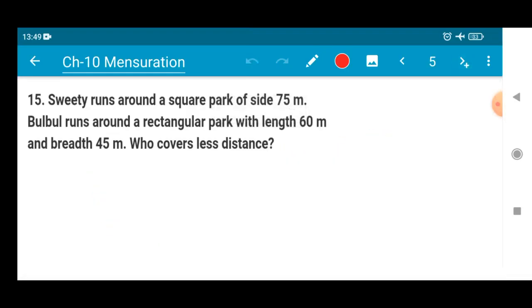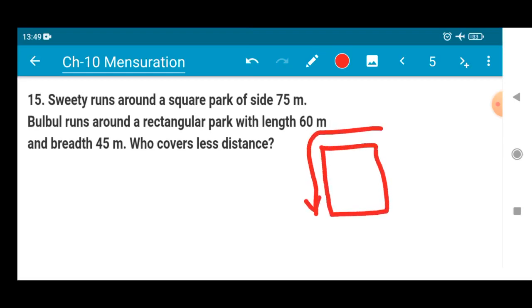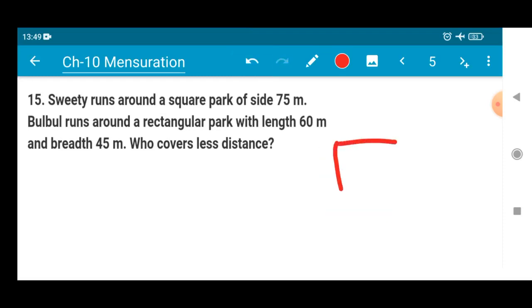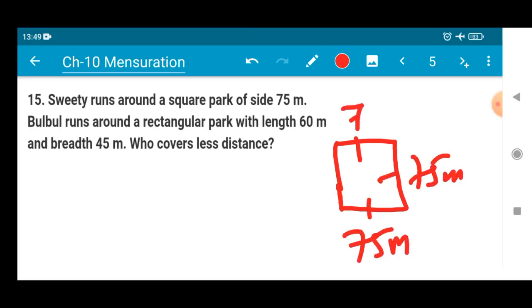Okay, all right, the last question for today's session, that is question number 15. Sweetie runs around a square park. Okay, Sweetie is running in a square park of side how much? 75 meter. Okay, let me make the proper one. Suppose this is a square park whose sides are 75 meter each.